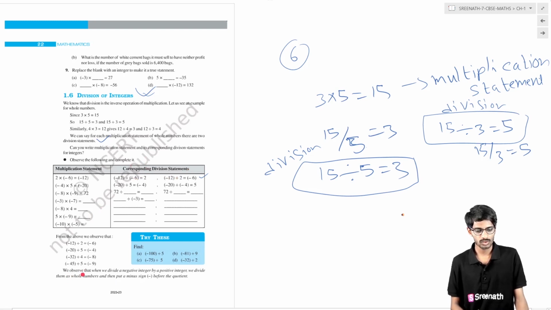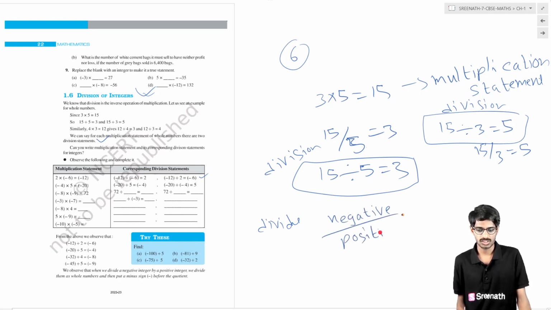Okay. We observe that when we divide a negative integer by a positive integer, we divide them as whole numbers and then put a minus sign before the quotient. What happens is, if you divide a negative integer with a positive integer, the resultant is negative.